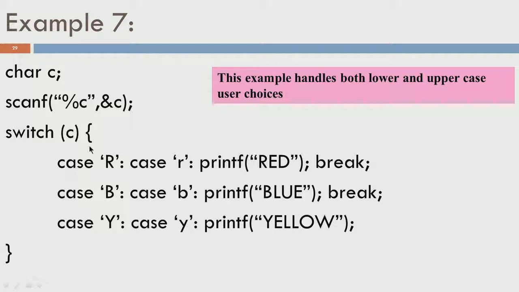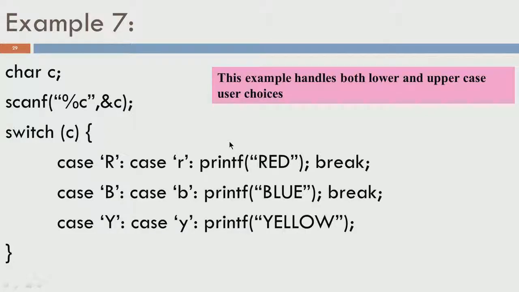So, let us look at another example where we want to handle both lower and uppercase choices. Maybe I as a user enter lowercase or uppercase, I want to handle both of them. So, this is also something that you can do with switch statements. These two lines are as before, this is also as before, the changes are in these three lines. If you look at case uppercase R or case lowercase r, in both these cases we want to printf red.